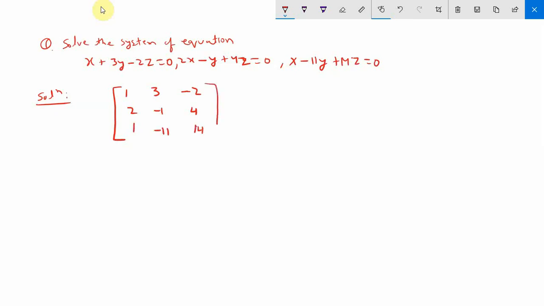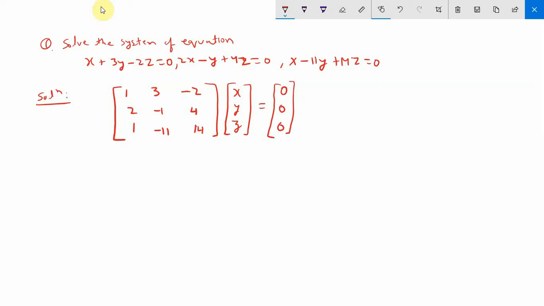So this is our matrix A, and variables we will write as x, y and z. Then we will get matrix B as, since it is a homogeneous equation, all will be 0 and it will be a null matrix.